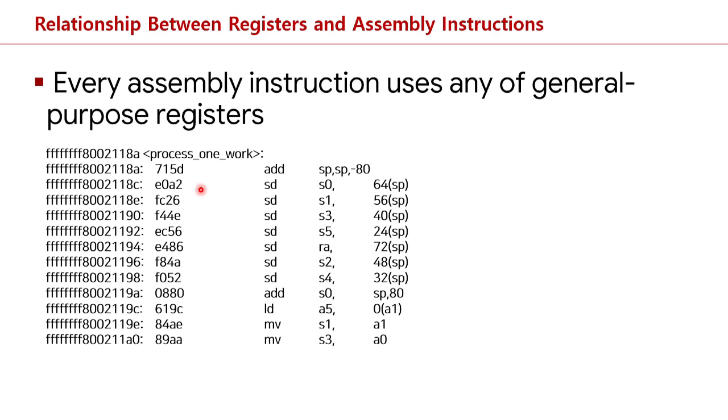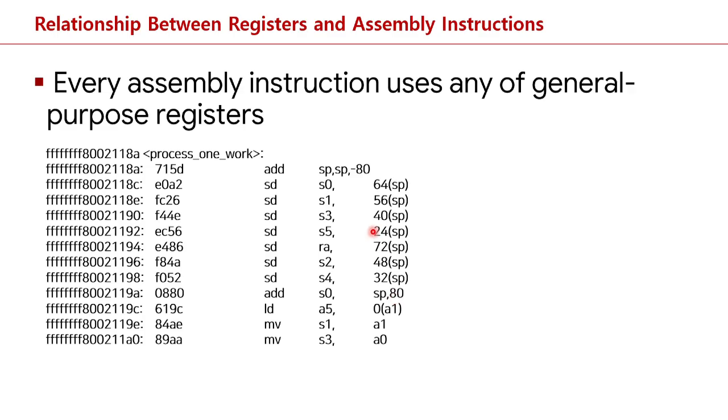Now, let's take a look at an example assembly instruction in the RISC-V architecture. This is a list of the assembly block inside the process one work, that is the K API in the Linux kernel.